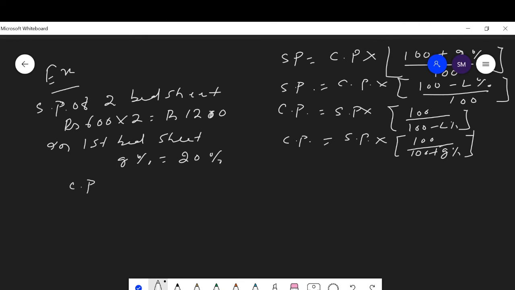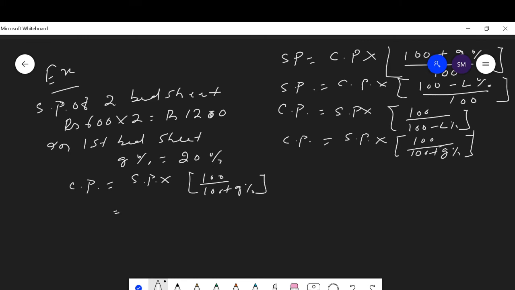Then gain percent is given, SP is given, we have to find out CP. Okay. Then here CP is equal to SP into 100 upon 100 plus gain percent.